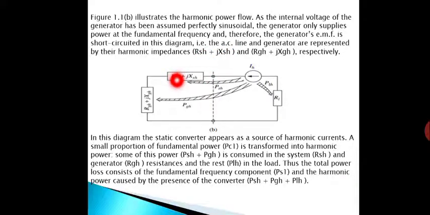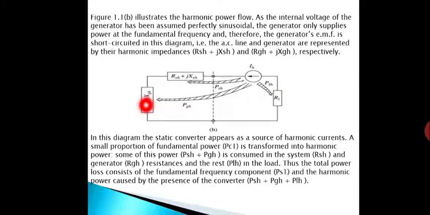I think you know about converting the voltage circuit into a current circuit. So this is converted. So here we get RGH plus J into XGH and RSH plus J into XHS. So this is that harmonic impedance, RSH plus J into XHS and RGH plus J into XGH.